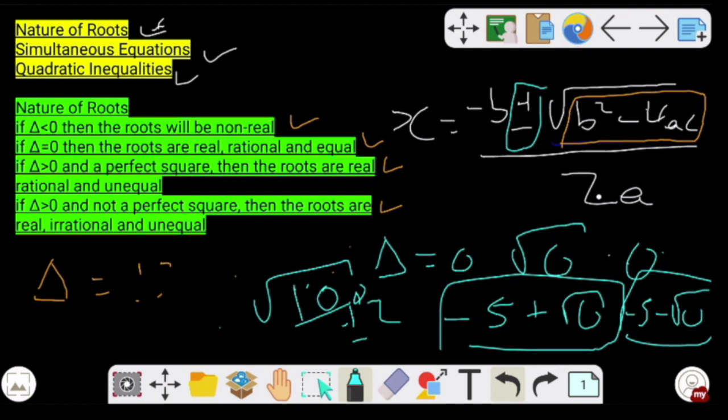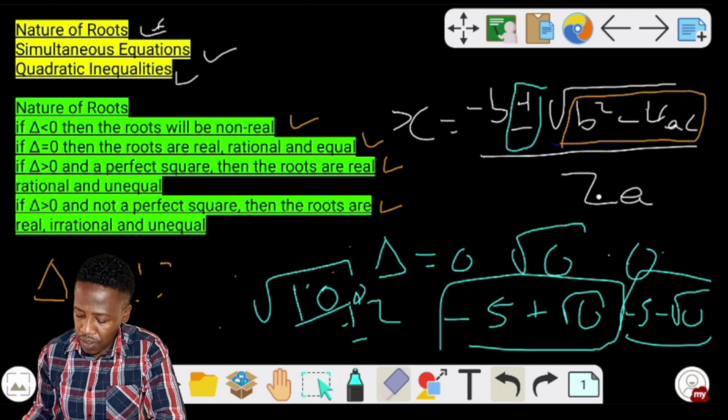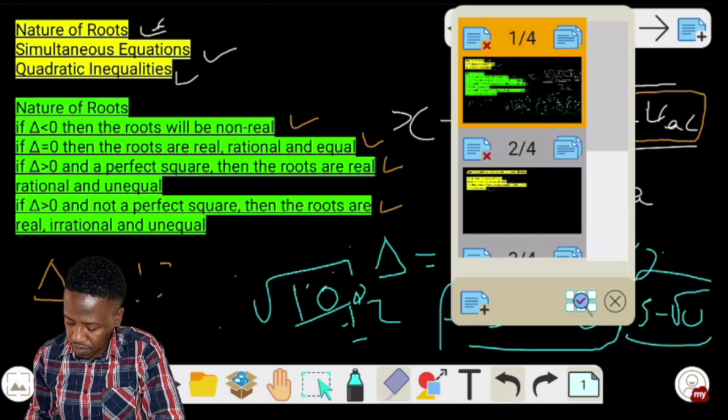So guys, these are the terms of your nature of roots, right? We solve the nature of roots by the discriminant. Now let's move on to the next part.